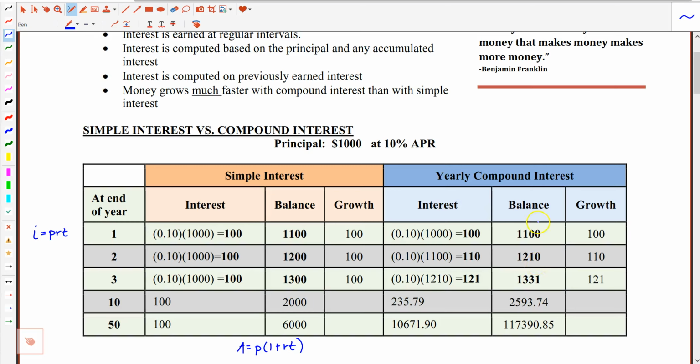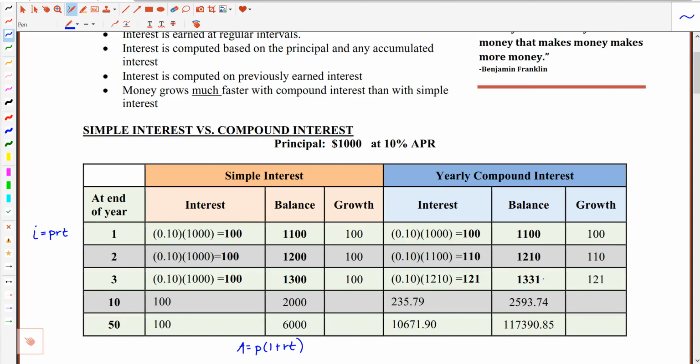At the end of the third year, you're going to earn 10% on the $1,210, that current account balance. Now notice this current account balance is being affected by not only what your initial deposit was, so that initial principal, but it also is impacted by the interest payments earned along the way. So at the end of the third year, the overall account balance is $1,331.